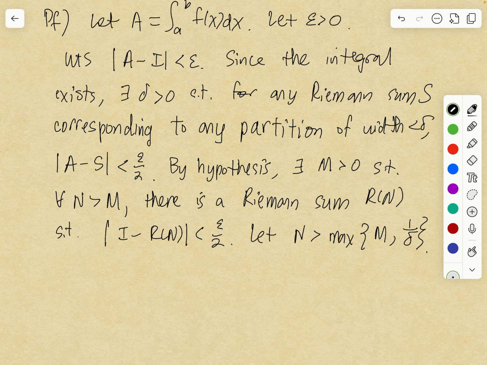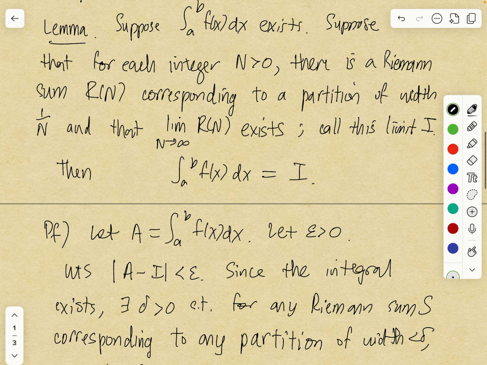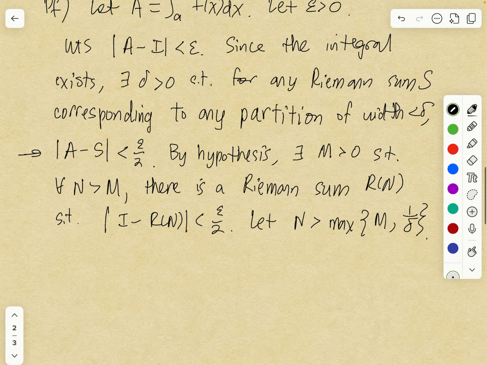And then we can apply this other inequality here with S equal to R of n, because R of n will be a Riemann sum corresponding to a partition of width less than delta. Right? Because R of n was a partition of width 1 over n. So then 1 over n is less than delta. So therefore, okay.